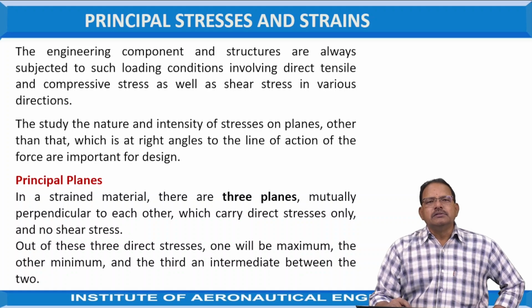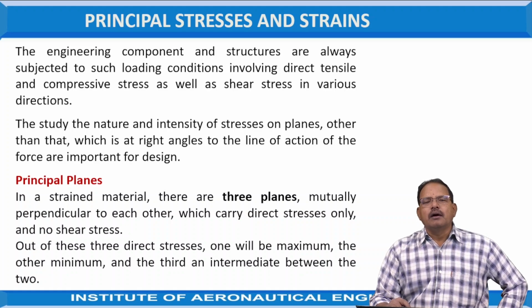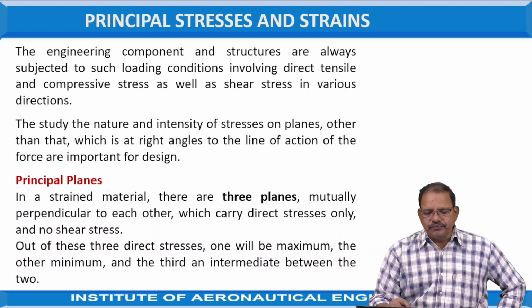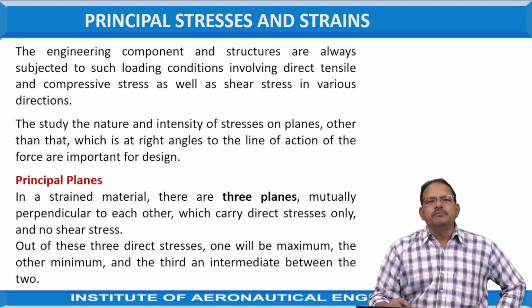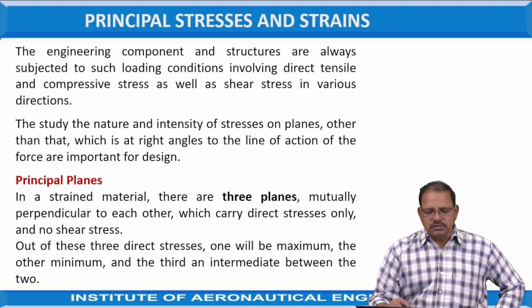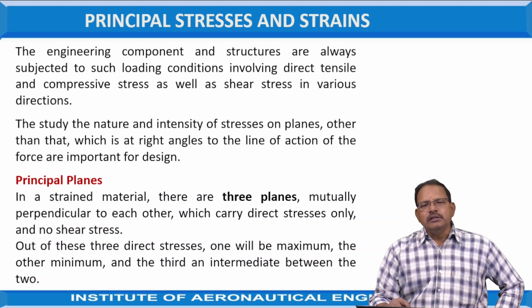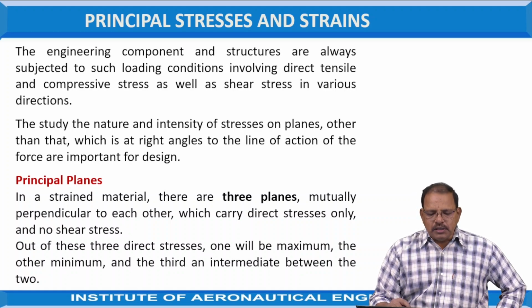The principal planes. In a body, strain means when it is subjected to tensile, compressive or shear stresses. There are three types of planes which are mutually perpendicular to each other and carry direct stresses only. That means there is no shear stress. Out of these three direct stresses, one may be maximum, one may be medium, and the other may be the least.